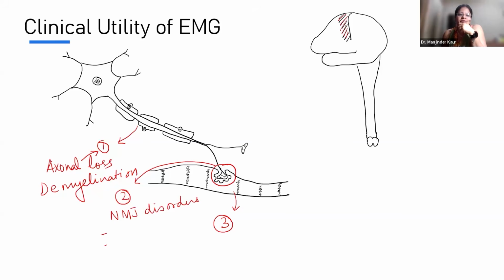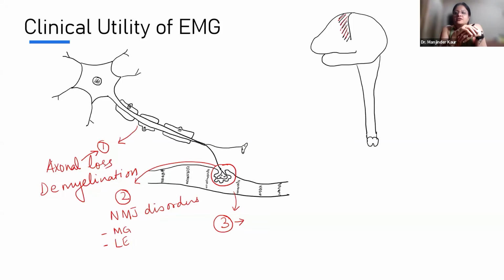Could you please name various NMJ diseases? Okay, yes, I got it. Myasthenia gravis. Any other disease you know about the neuromuscular junction? Lambert-Eaton, very good. Have you come across anything in the third thing? Yes, botulinum again, but botulinum is a transient paralysis.